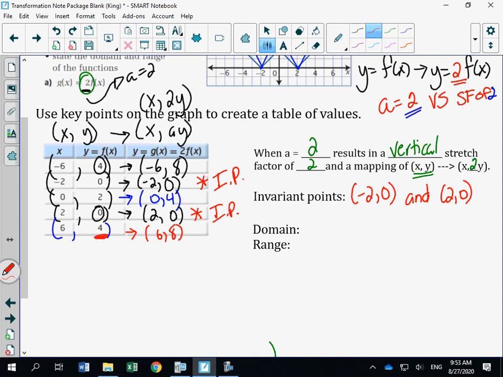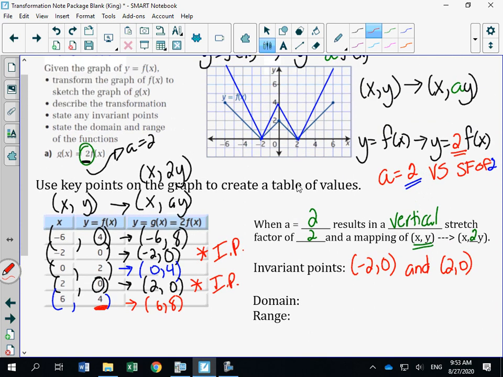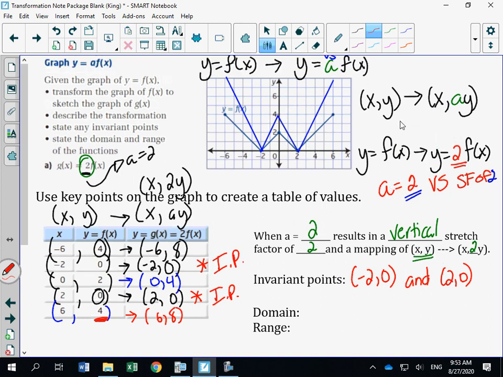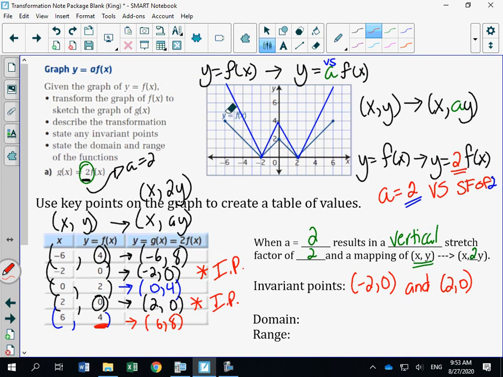Okay. The domain of my new graph. Remember, domain is your x values, right? Did my domain change at all under a vertical stretch? What do you guys think? Did the domain change in either of my graphs when we undergo a vertical stretch? And the answer is no, right? The vertical stretch does not affect the x values, it affects the y.